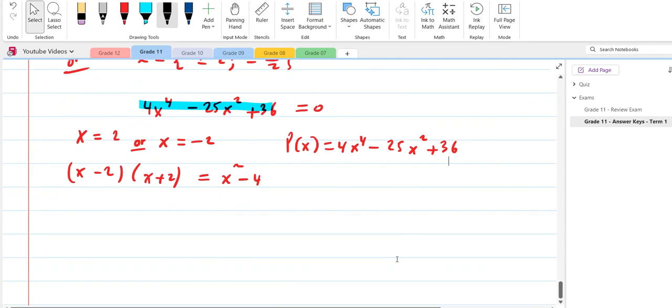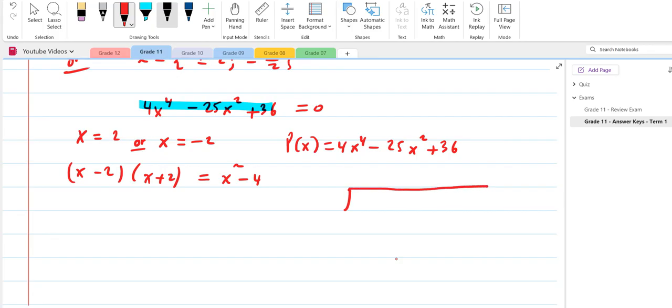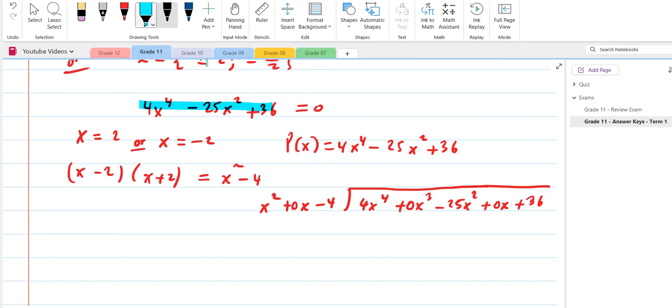I write 4x to the power 4 plus 0x cubed minus 25x squared plus 0x plus 36, because there's no x term and no x cubed term, and the divisor is x squared plus 0x minus 4. Now we divide, multiply, subtract, bring down.